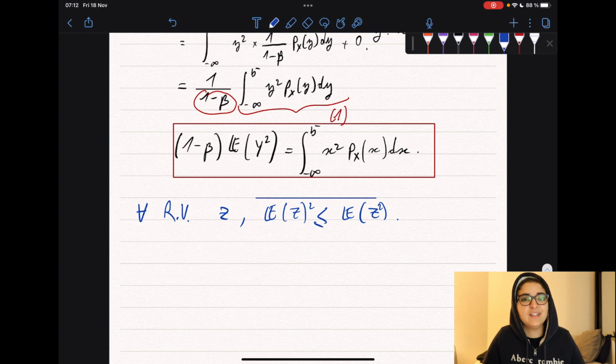We don't have any inherent interest in all of these properties or conclusions that we have come to for the probability density function of y, but we are only interested in leveraging the information that we get from y to get to our final goal, which is to prove the one-sided Chebyshev inequality.